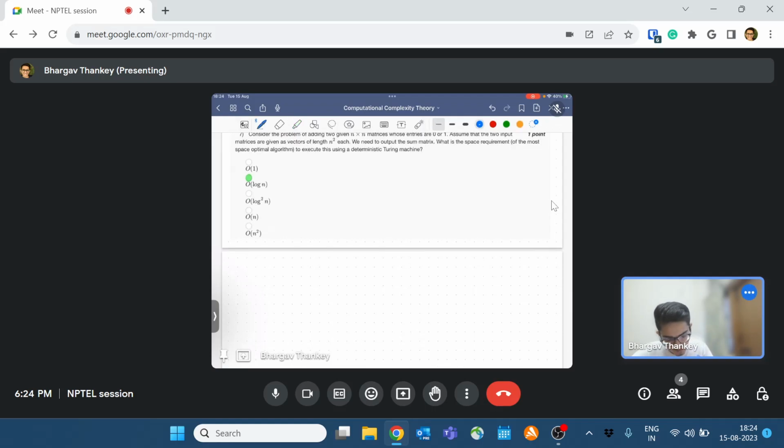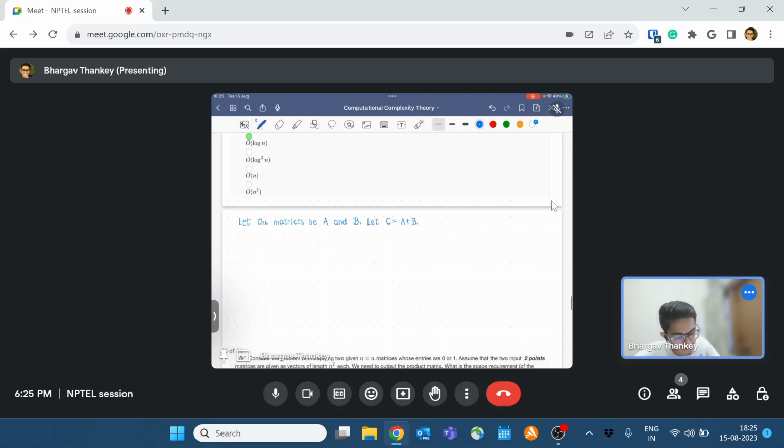So, let the matrices be A and B, and let C be their sum. What we can do is this.